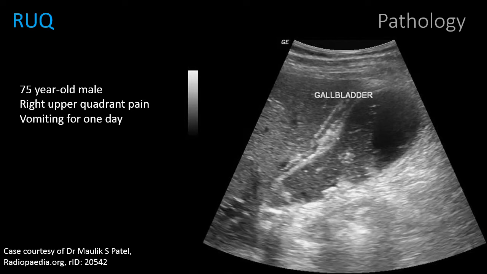But most of the gallbladder there is filled with this sludge. You can also see there's some thickening of the wall of the gallbladder, which can occur when the gallbladder is inflamed.